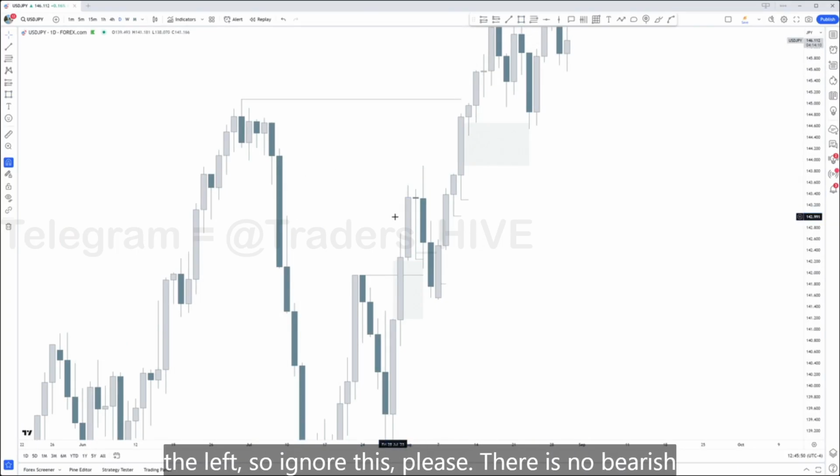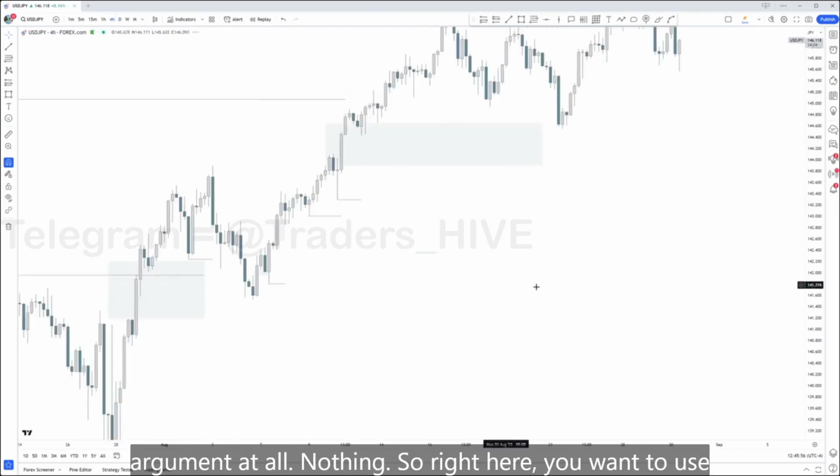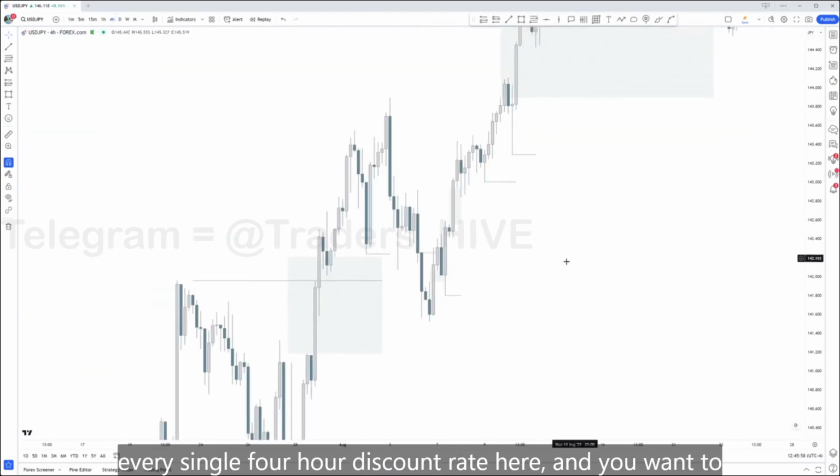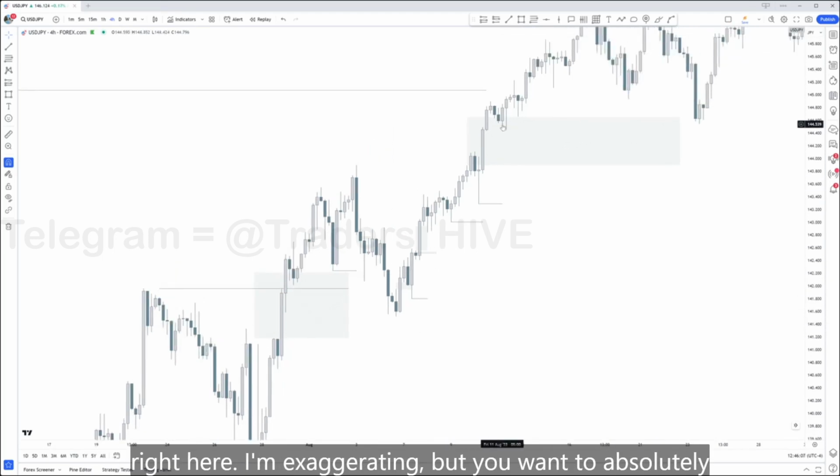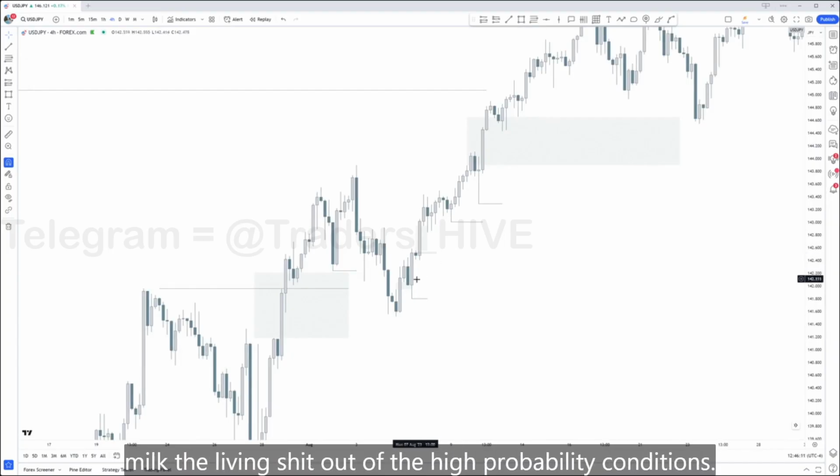There is no bearish argument at all. Nothing. So right here, you want to use every single 4 hour discount array and you want to buy, and you want to make 50% right here. I'm exaggerating, but you want to absolutely milk the high probability conditions.